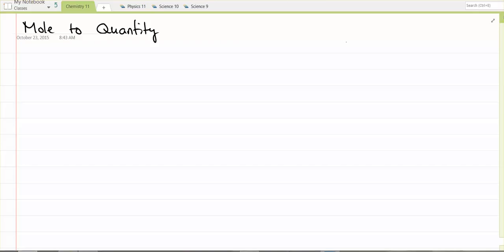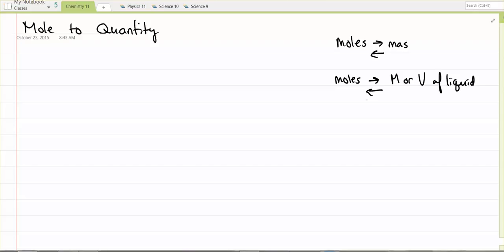So just on the sidebar, what we should be able to do with the mole is we should be able to go from moles to mass and back again. We should be able to go from moles to the molarity or volume of a liquid and back again. And we should be able to go from moles to a gas in terms of a few things.